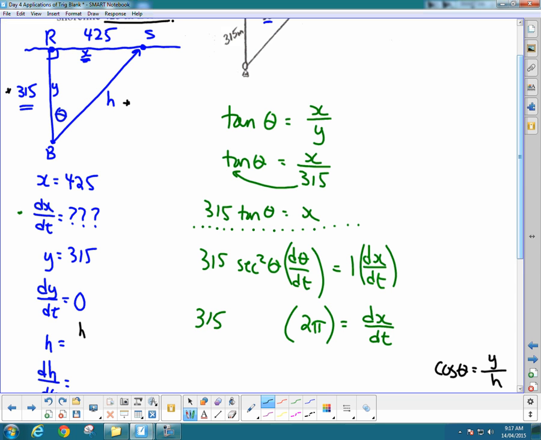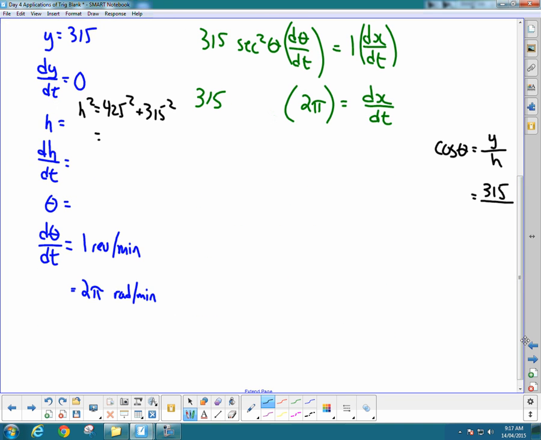I'm going to go h squared equals, well, 425 squared plus 315 squared. You can punch that in your calculator, 425 squared, get a big number, plus 315 squared to get a big number, add them together, get a big number, take the square root of it, and off the top of my head, that's 529. So now I have the h part in my ratio, 529.